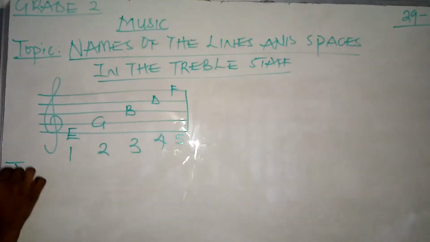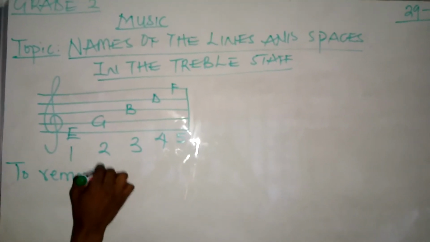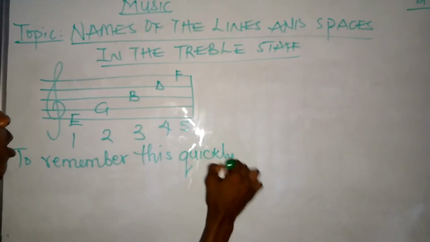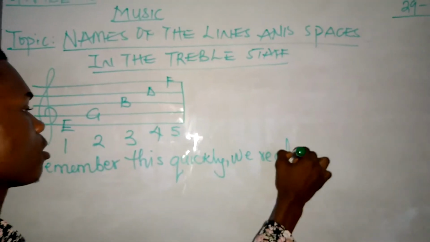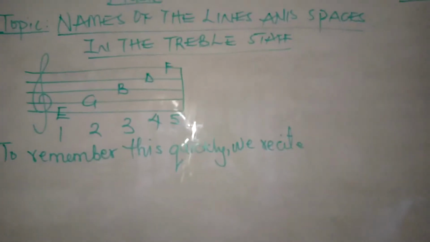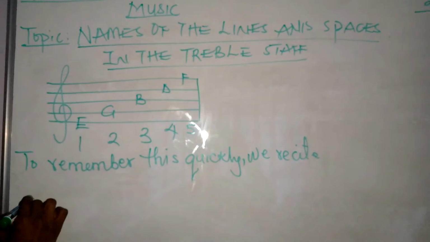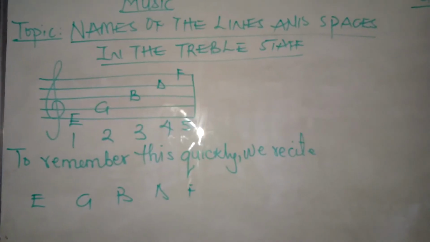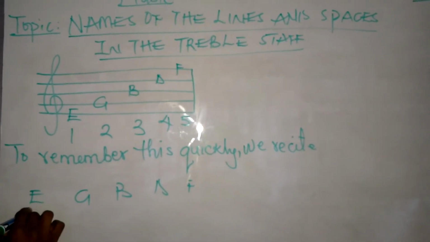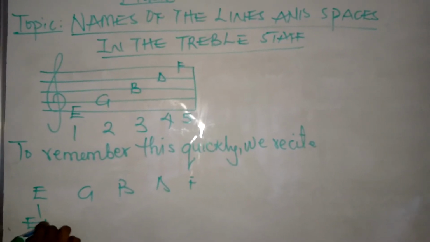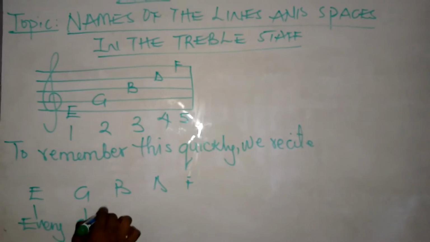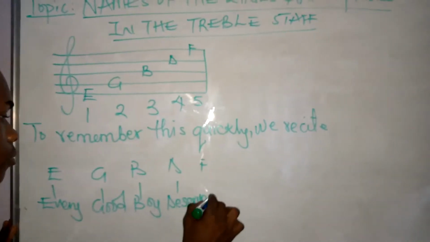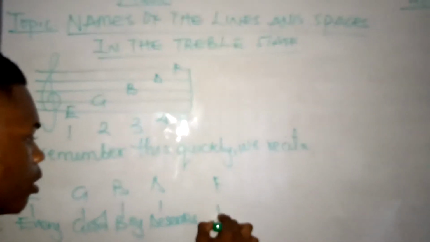So, to remember this quickly, we recite these letters E, G, B, D, F as every, that's E for every, G for good, B for boy, D deserves, then our F becomes favor.